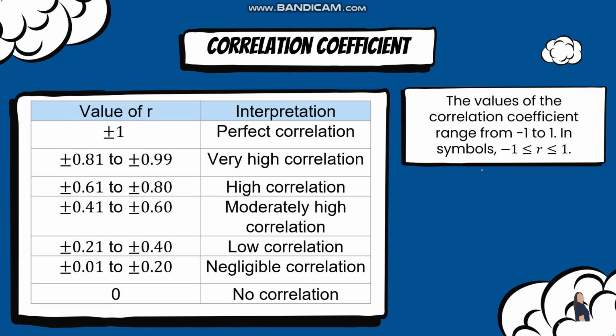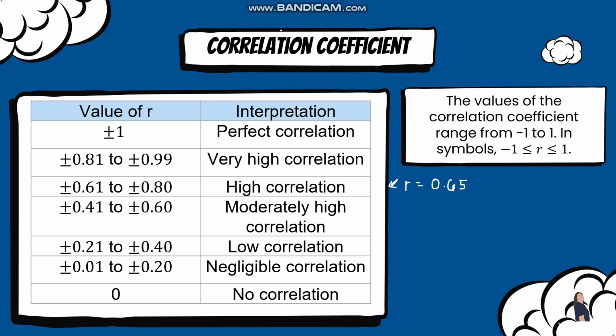So how are you going to use this table? Let's say the given value of r to you is 0.65. If it's 0.65, you just have to identify where 0.65 is in the table. So as you can see, it is here, in our high correlation, because the values of r there are ±0.61 to ±0.80.